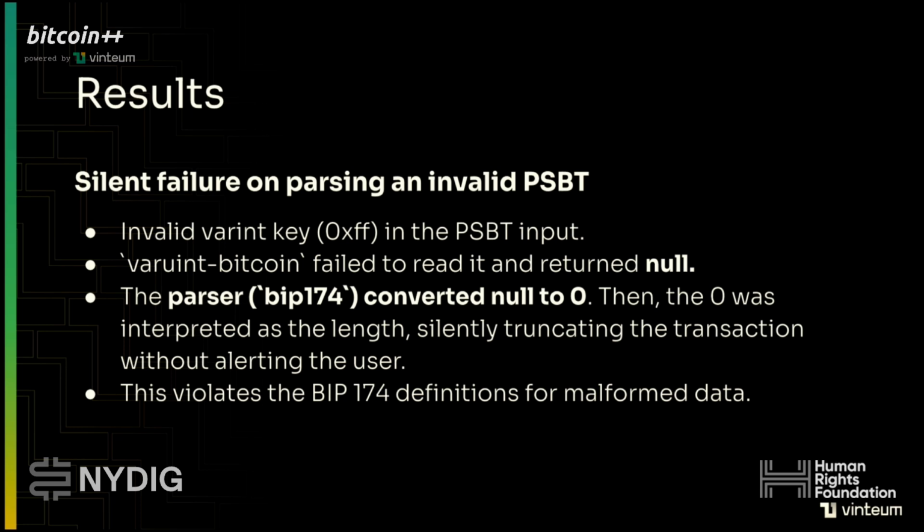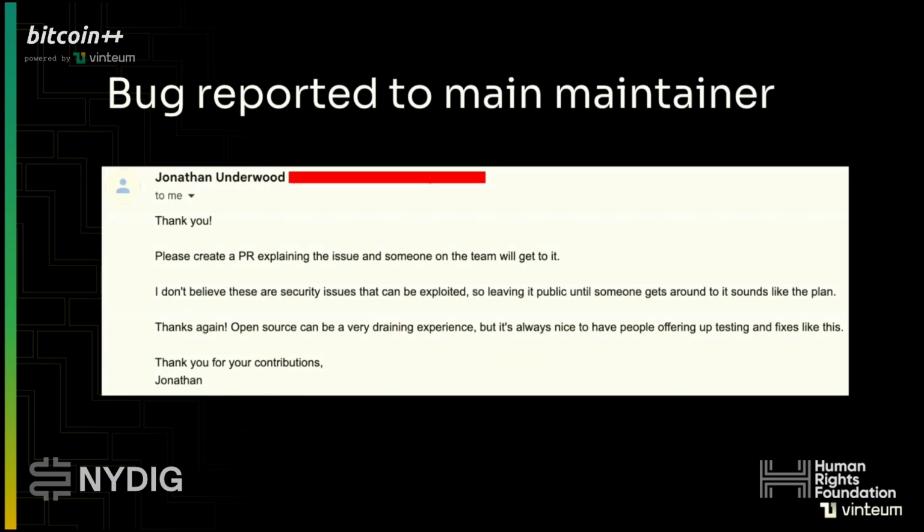The other bug was a silent failure on parsing invalid PSBT. What happened was that on parsing the hex of the PSBT, one function parsed a null value as 0, and this caused a problem that violated the BIP 174 definitions for malformed data.